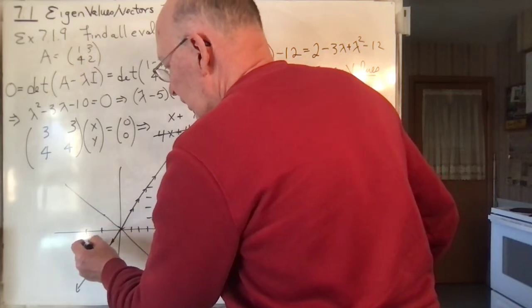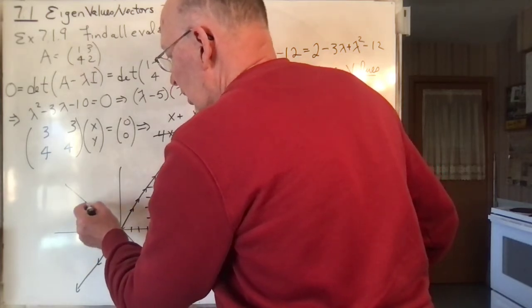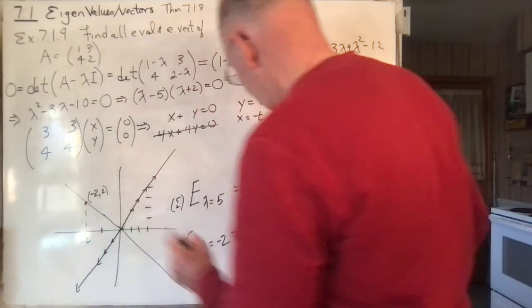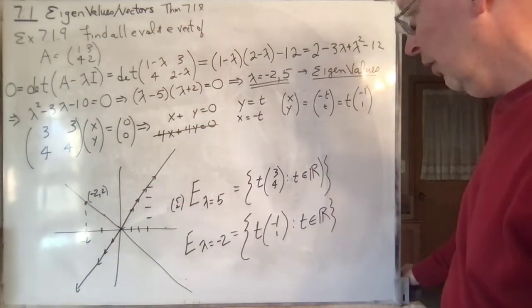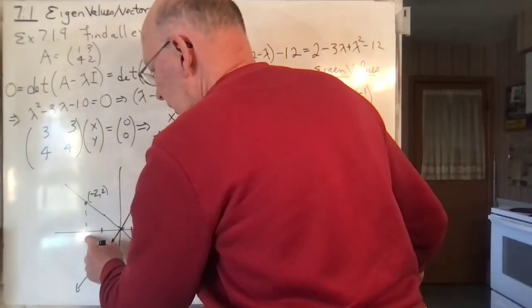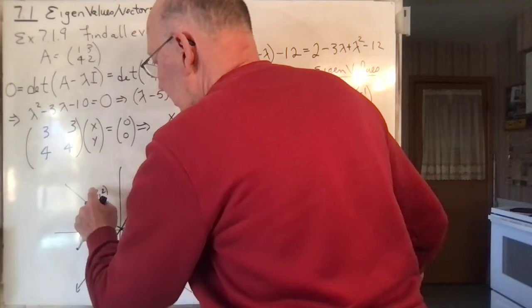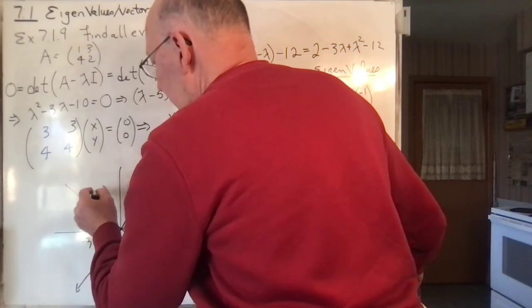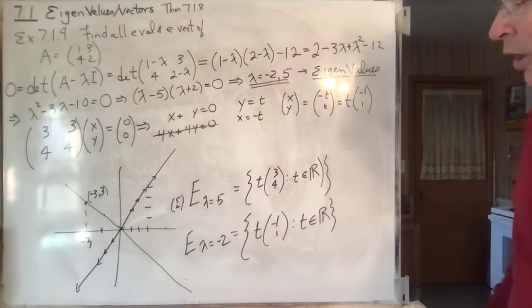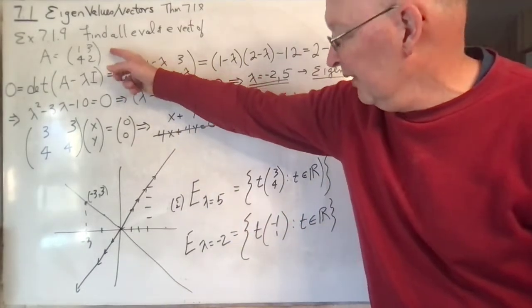Let's take the vector (-2, 2). No, let's see. (-3, 3), just to keep there being any confusion. Okay, so there's a vector (-3, 3). What's going to happen when you apply this to it?